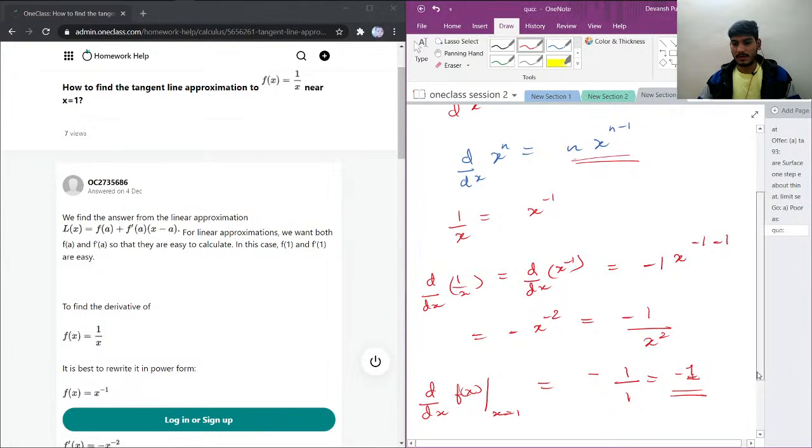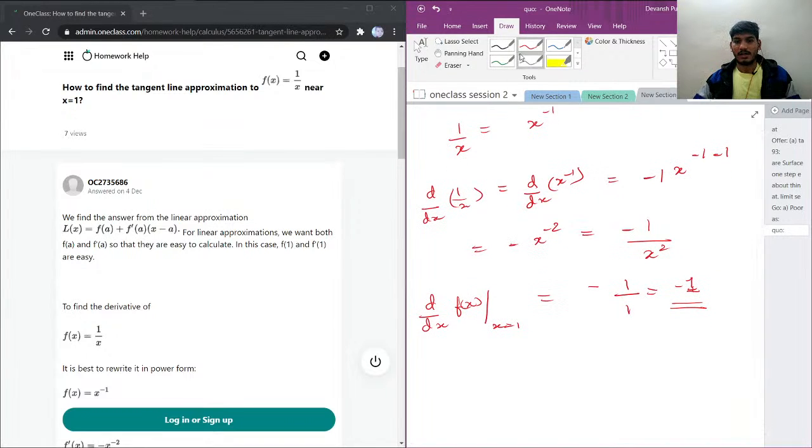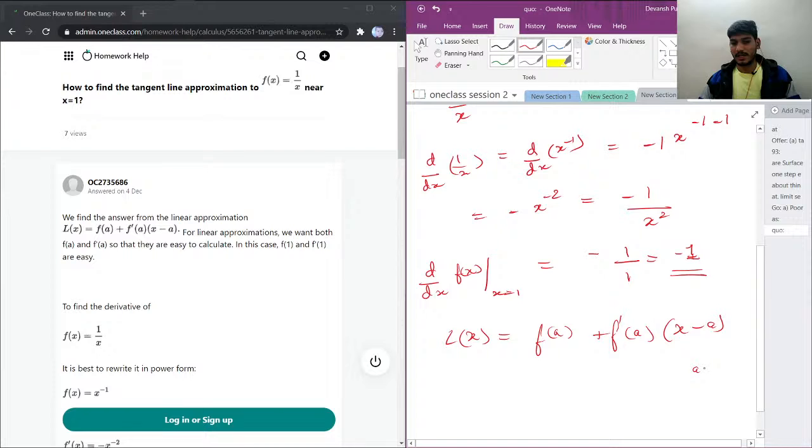So if I come here, the equation of the line will become f of a plus f prime of a times x minus a, and my a is going to be 1 here.